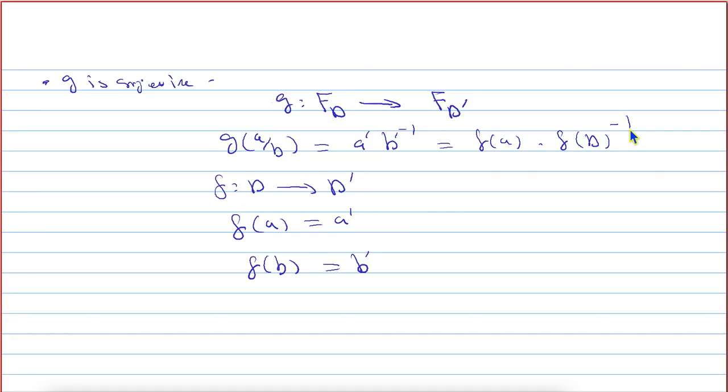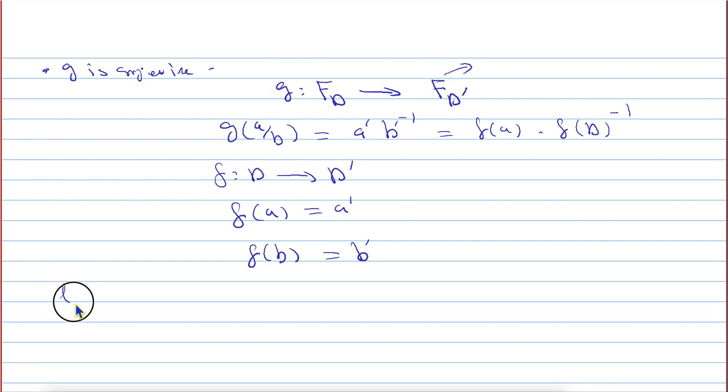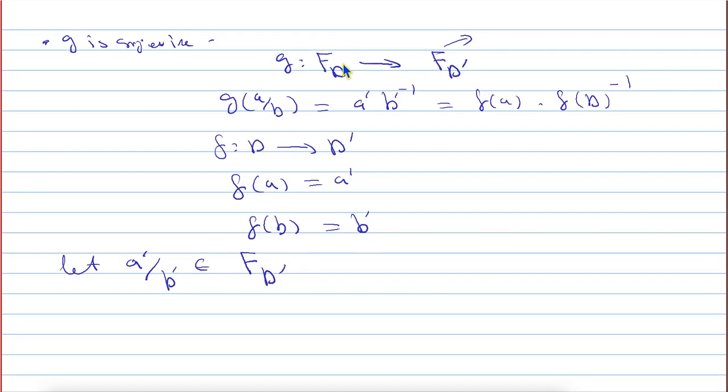Now to show that it is surjective, we need to take one element from here. So we let A prime over B prime be an element of F sub D prime, right? And then we want to find the corresponding element in F sub D. But this implies that A prime and B prime are in D prime, right?